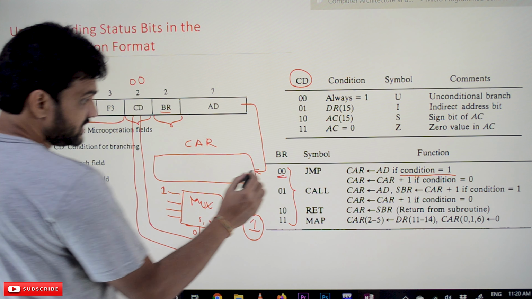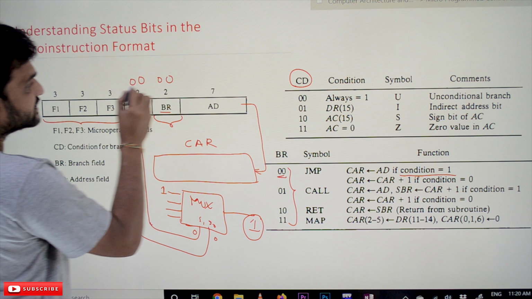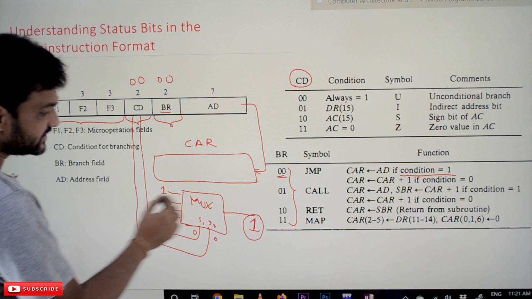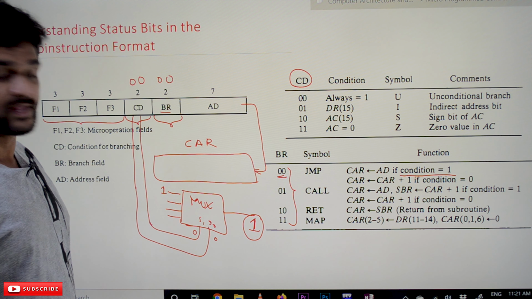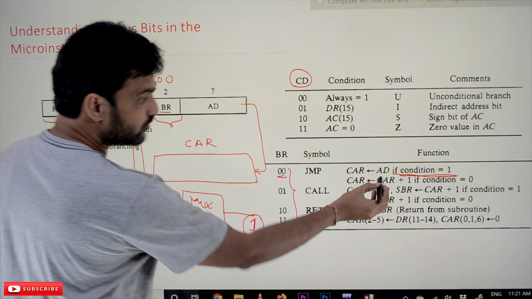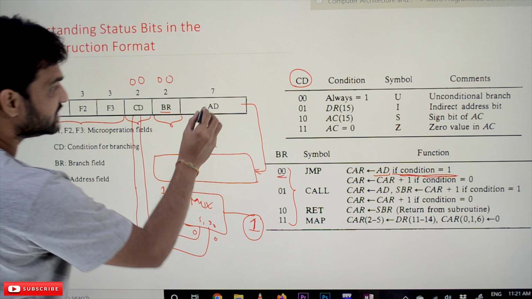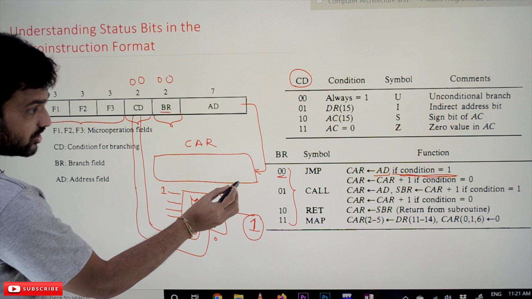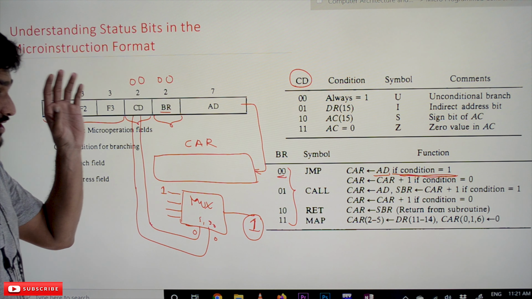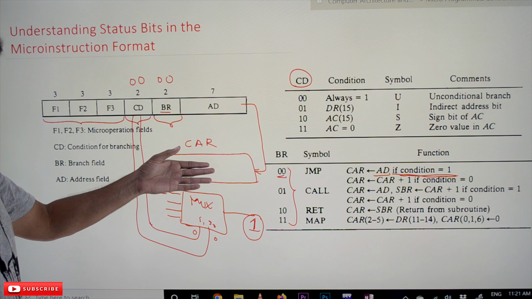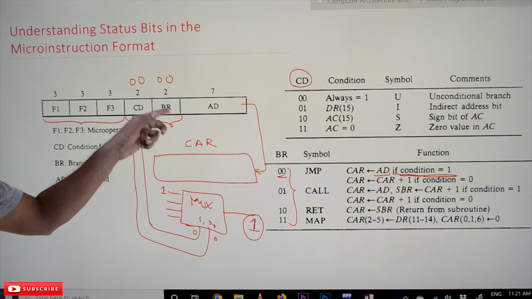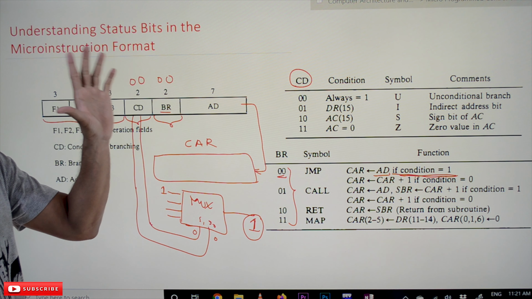If the CD is 0 0, the multiplexer always generates an output of 1, which means the condition is 1, and the address part will get transferred onto the control address register. What has to be stored onto the control address register is decided by these status bits. This point is very important.